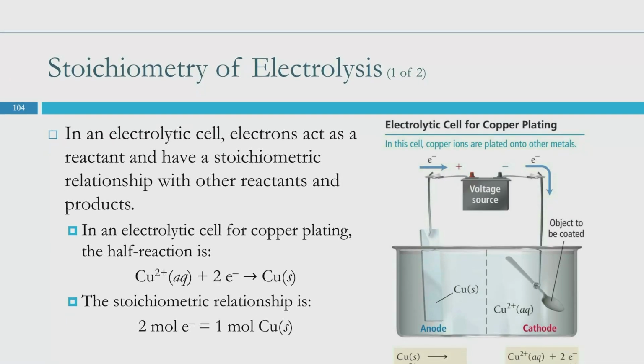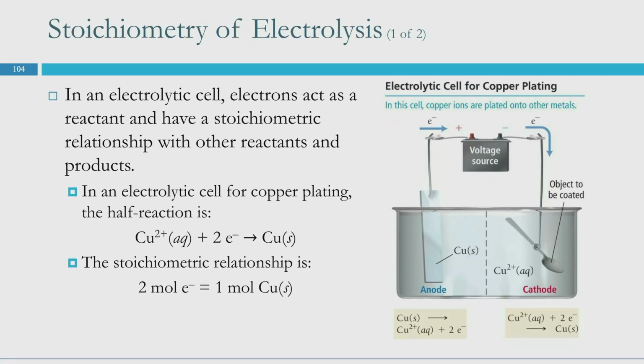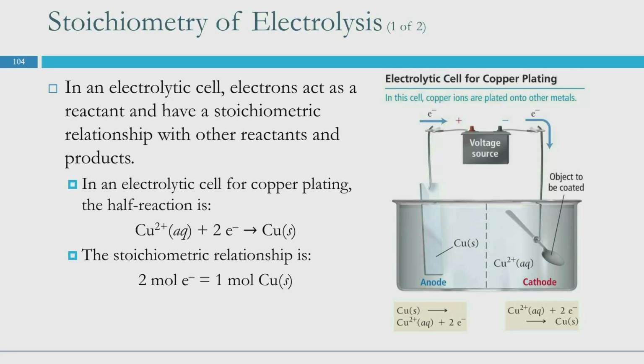Other things that we can do with electrolysis, if we have a setup where we know that we can plate something out, we can reduce a metal out of solution to put it onto another object. We can set up an electrolytic cell to do that. And electrons are going to act as a reactant, and they're going to also have a stoichiometric relationship.